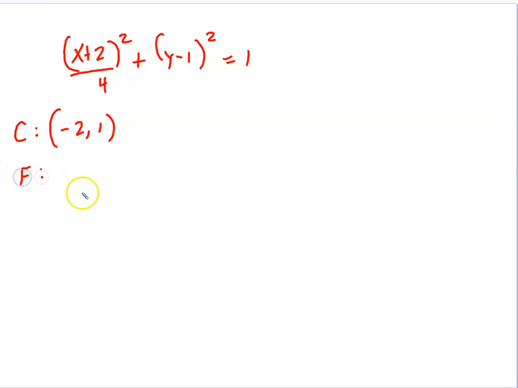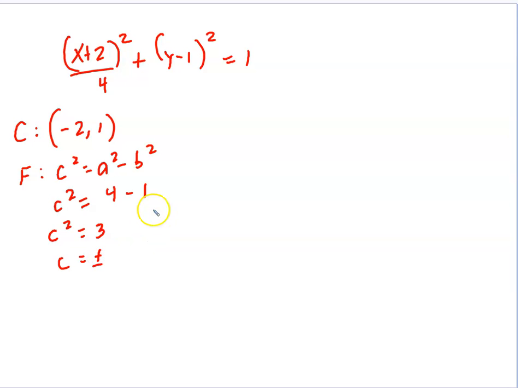For the focal points, we need to find out what c is. Remember, c squared is a squared minus b squared. So c squared is going to be 4 minus 1. C squared is 3, so c is plus minus the square root of 3, which is about 1.7.